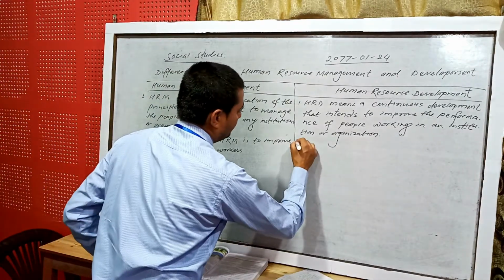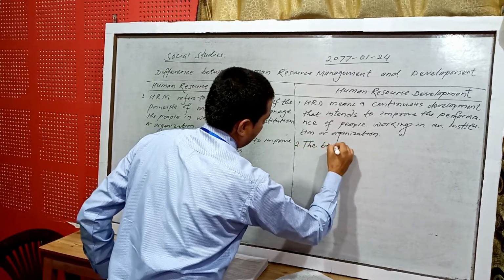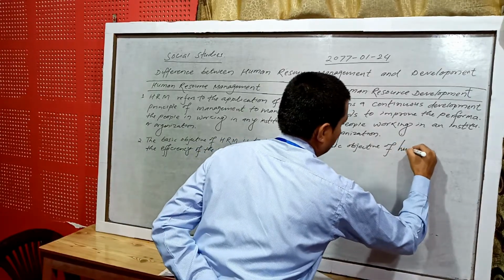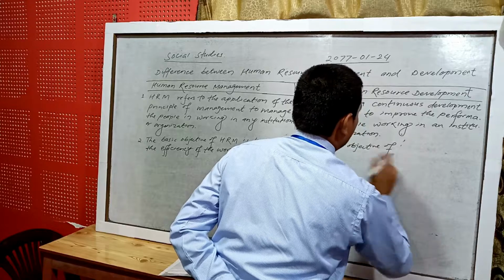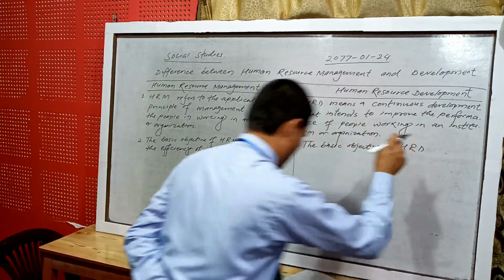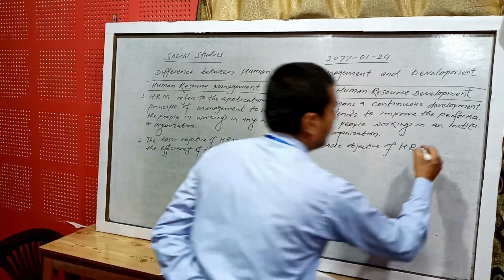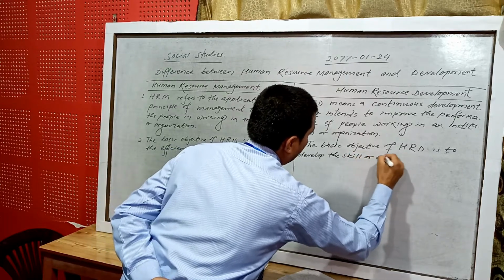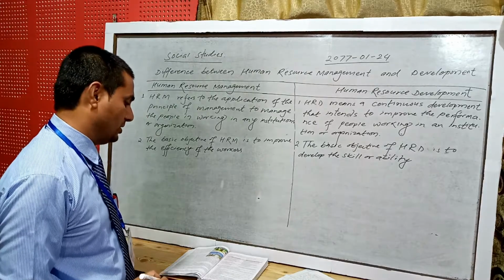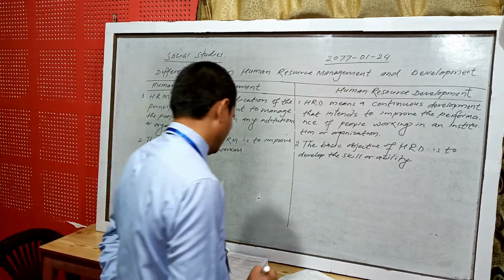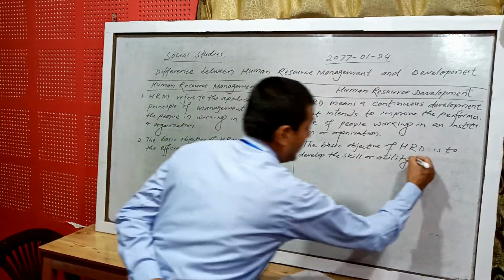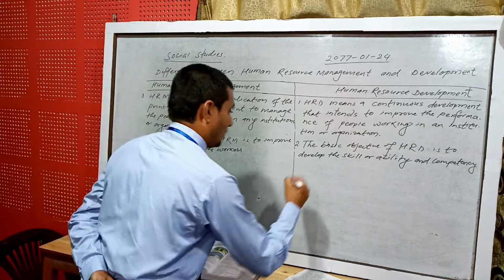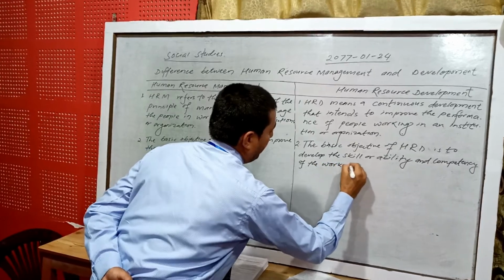And on the other hand, the basic objective of HRD, human resource development, is to develop the skill or ability and competency of the workers or the employees.